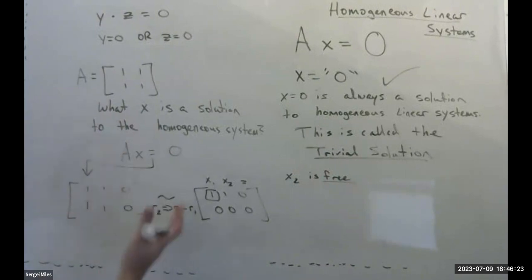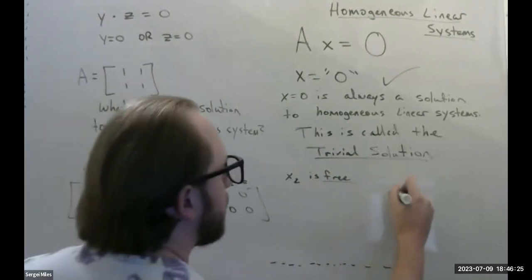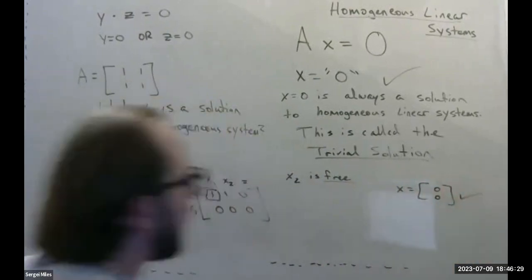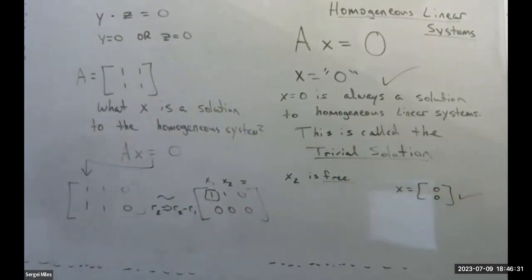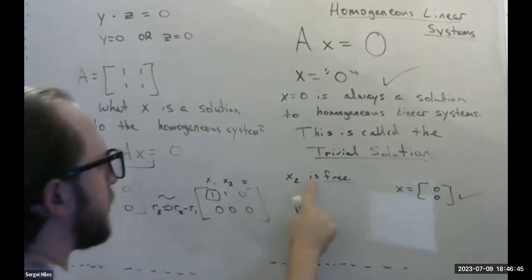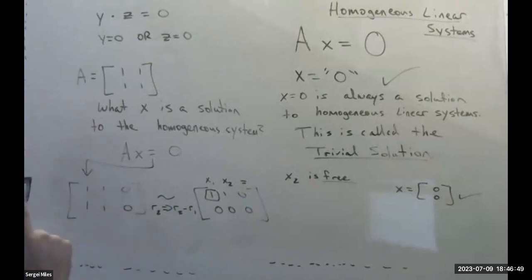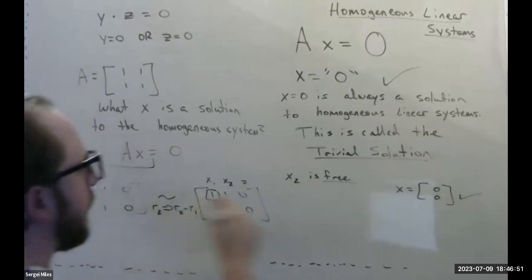Now we know for this problem, if I make x the 0 vector, then yes, that will be a solution. We know that will work. However, what other solutions could work? Do other solutions exist? Are there other things I can multiply A by where x is not 0 that I would still end up with 0? Well, according to this, x2 is free, so x2 can be anything. What about x1?